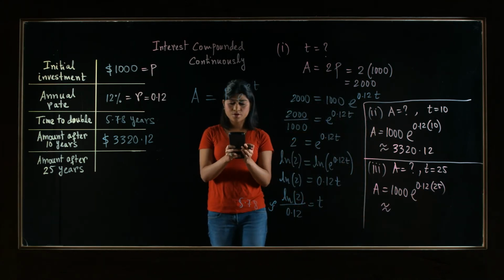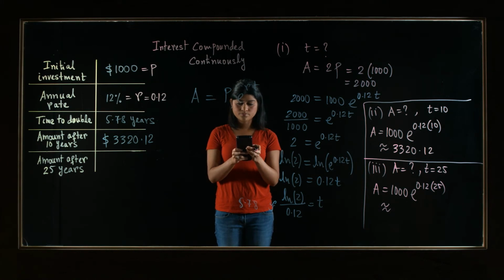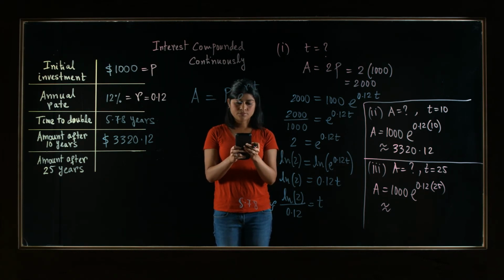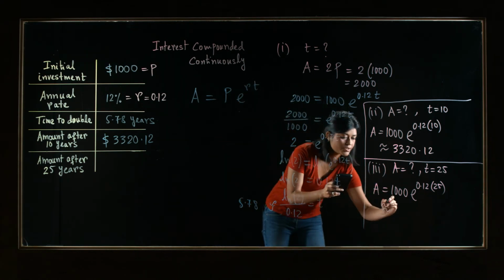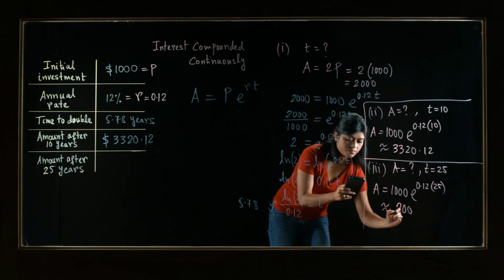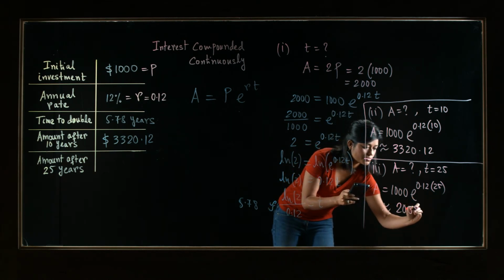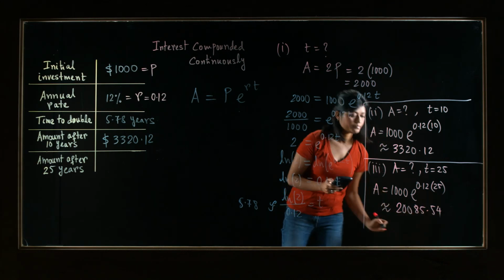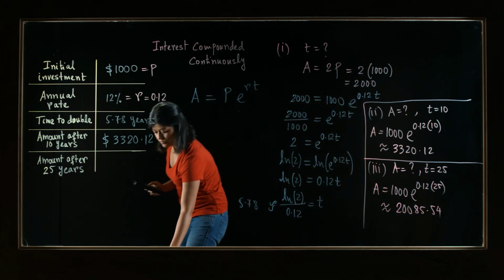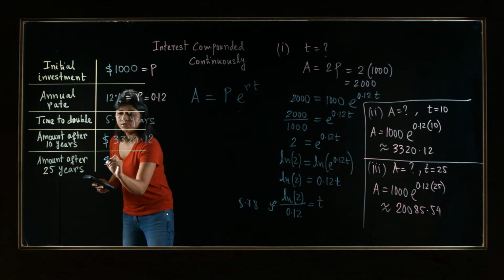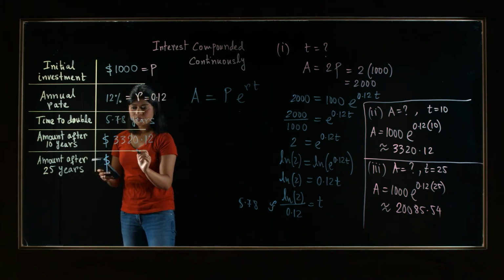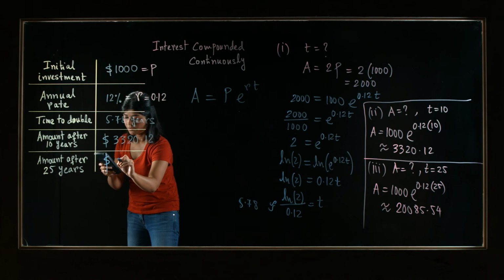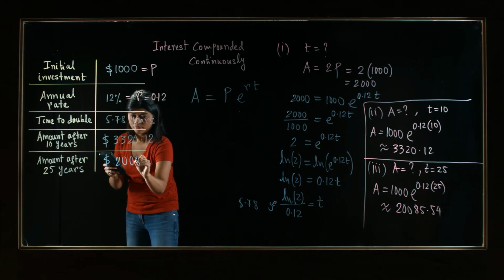And use the calculator one more time. And the amount is approximately 20085.54. So after 25 years, the balance will be about this much.